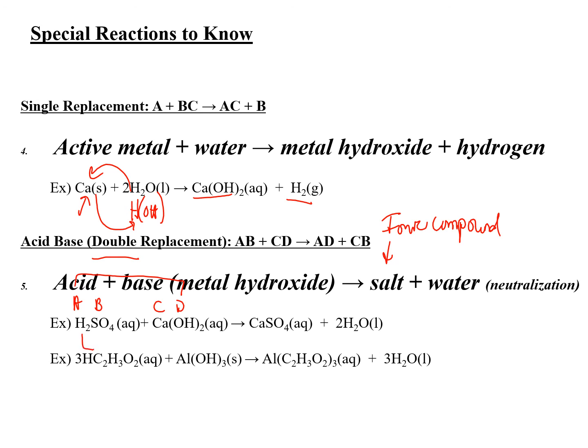So let's look, outside, inside, we said we have the water, and there's our inside, calcium sulfate. You consider the charges and write the formulas. And now we have A, B, C, D, outside, inside. We get aluminum acetate and water, and then we balance.